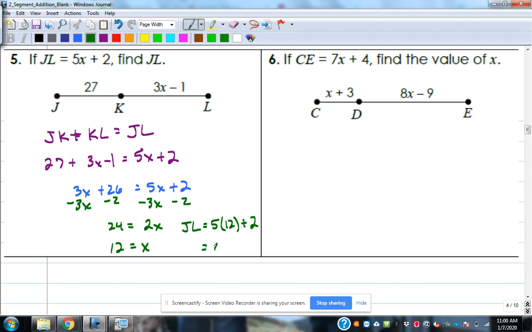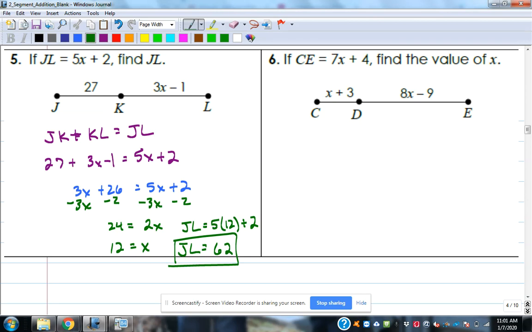That'll be 62. Pretty easy stuff there so far. Let's do number 6 there.